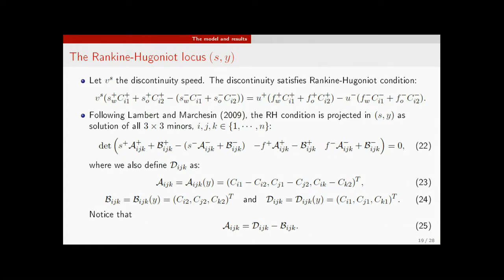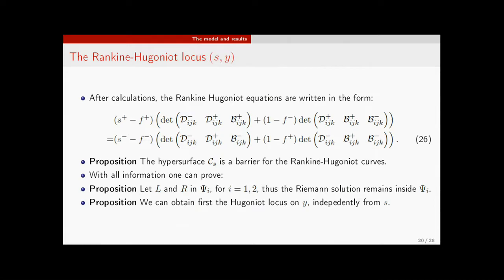Rankine-Hugoniot corresponds to this discontinuous solution. In this case, the result that I announced is that it's possible to obtain the Riemann solution, the curve in the projected space, and the geometric interpretation that the hypersurface CS is also the barrier for the Rankine-Hugoniot curve.